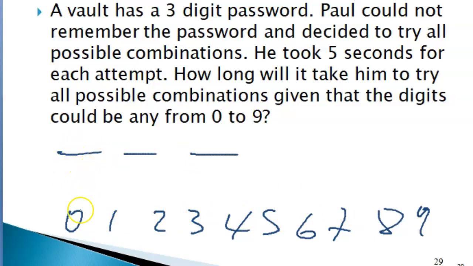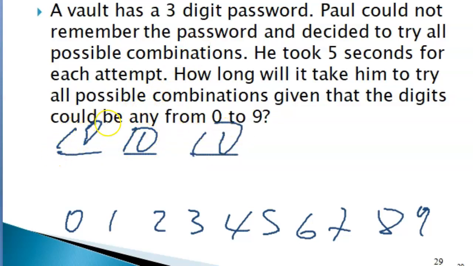All right. So of course, let's assume that the same digit can be used twice for the password for this vault. So for the first number in the password, there's 10 options, 10 possibilities. Likewise, second option. So in other words, if I use 1, then the second digit in the password could also be 1. So 10 options in all combinations, right?